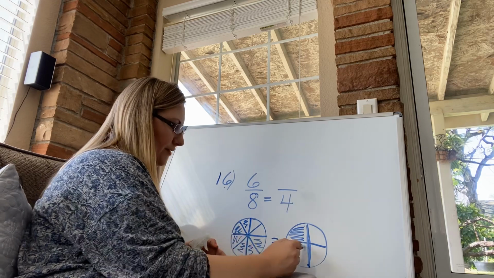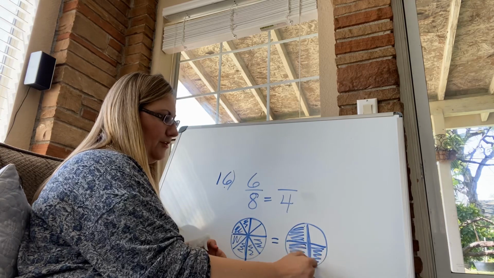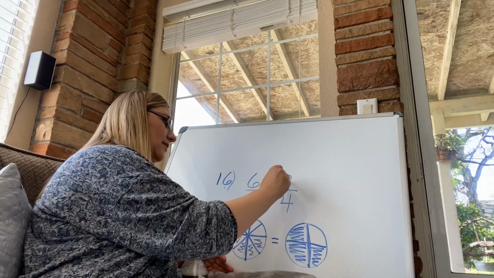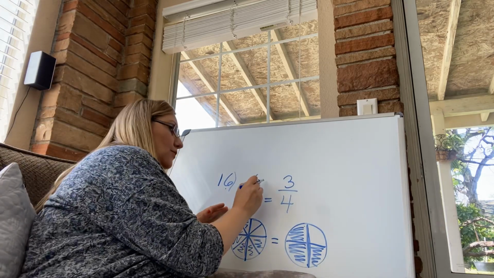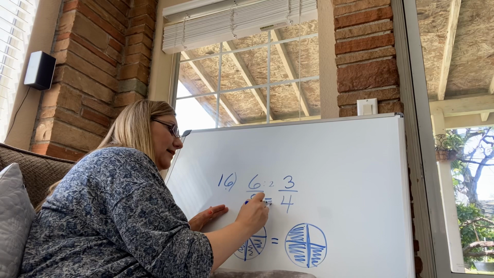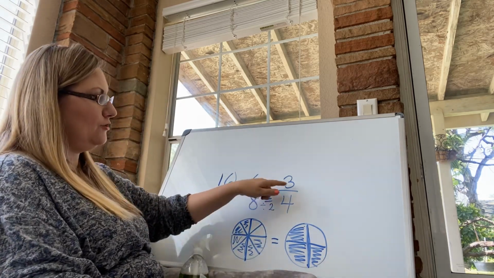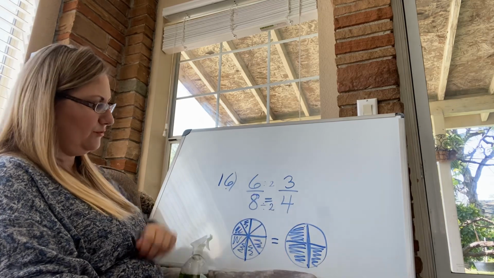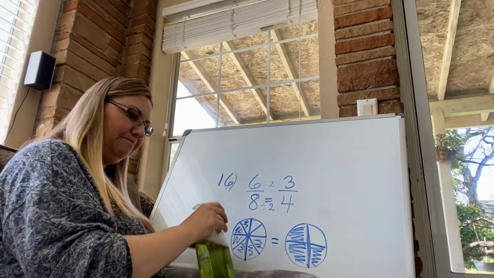This other fourth is shaded, and this third fourth is shaded. So we can see that that is the same as 3 out of 4. You might also realize that both of these basically just got cut in half, right? 6 divided by 2 would have given you 3, 8 divided by 2 would have given you 4, okay? That's number 16.